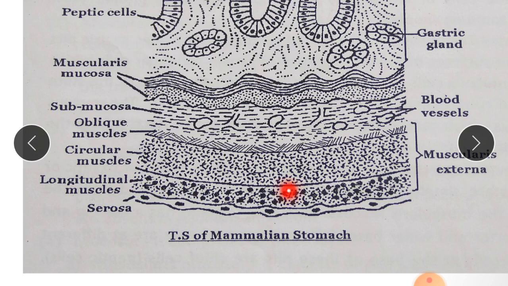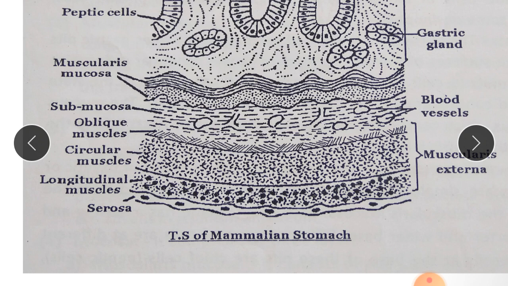Then contraction of circular muscles extends the length of the stomach, so that the food is thoroughly mixed with gastric juice. So contraction of circular muscles reduces the internal volume of the stomach, while longitudinal muscle contraction increases the internal volume of the stomach.